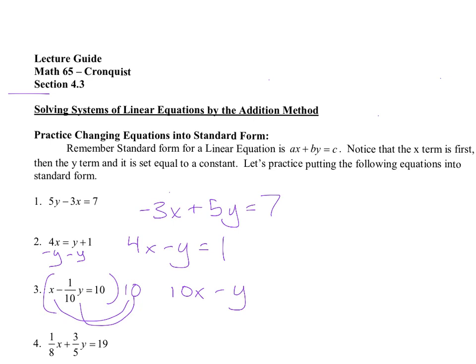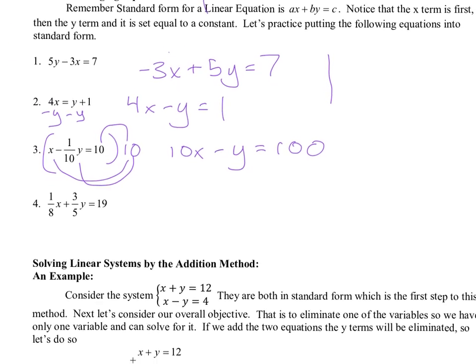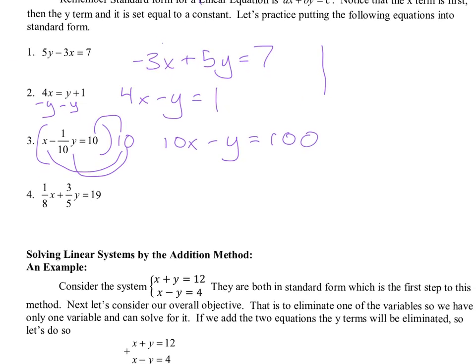And then 10 times 10 for my constant becomes 100. So that is now in standard form. Sorry, I'm drawing lines all over it because I need to shift it, and I'm still remembering how to use this program.